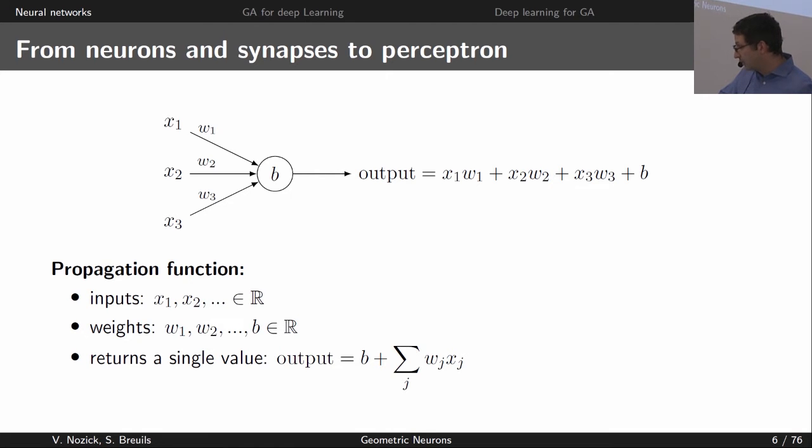So the formula looks kind of simple. Here I have just 3 entries. And if we want to use this neuron, usually what we do is we fix the weights, we fix the bias, and then we take one input and propagate it, and have an output. And if we want another input, we get probably another output. So this is the way we use it.